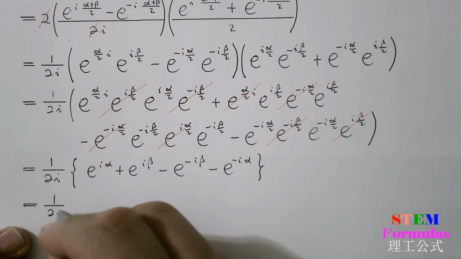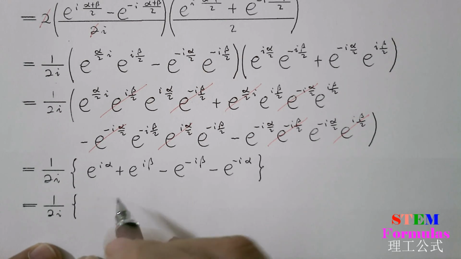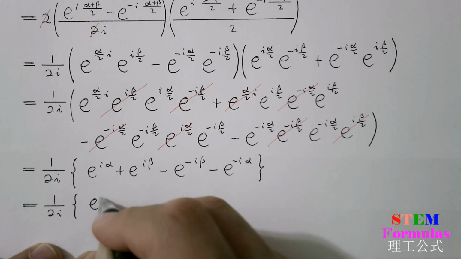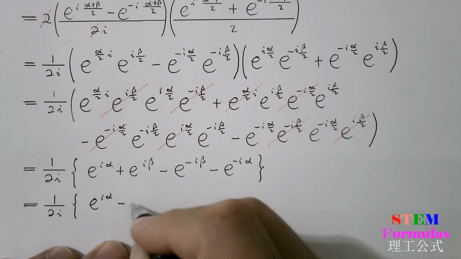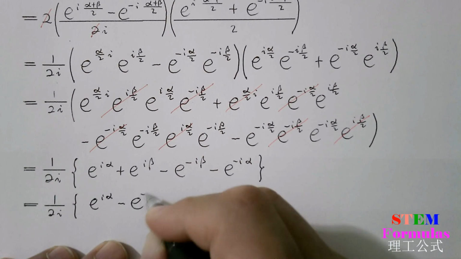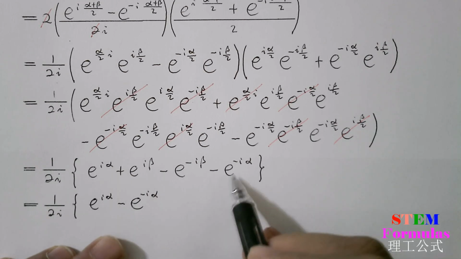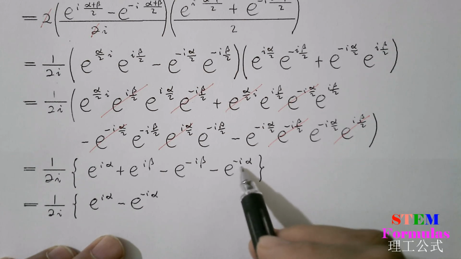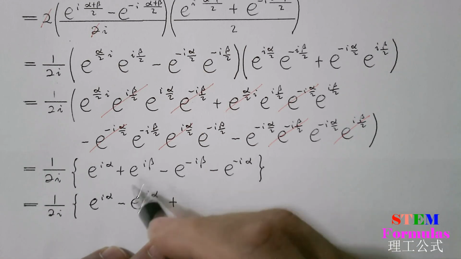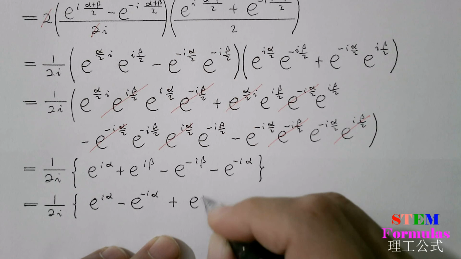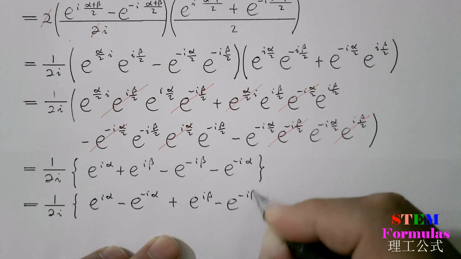One divided by 2I times (e to the I alpha minus e to the minus I alpha). I just put e to the I alpha here, and the minus e to the minus I alpha I put here. Then plus e to the I beta minus e to the minus I beta.